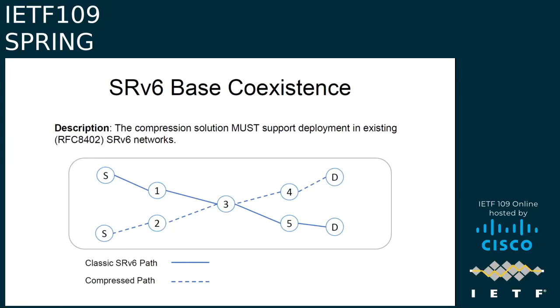So if we didn't have that current solution to compress, then we wouldn't actually be compressing anything. That's why it's important that we identify in this draft that it's actually that SRv6 SID list that we are compressing.